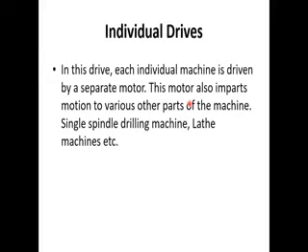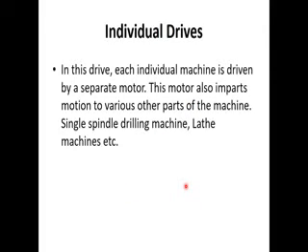Next one, individual drive. In individual drive, each individual machine is driven by a separate motor. That is, every machine is controlled by a separate motor. This motor also imparts the motion to various other parts of the machine.